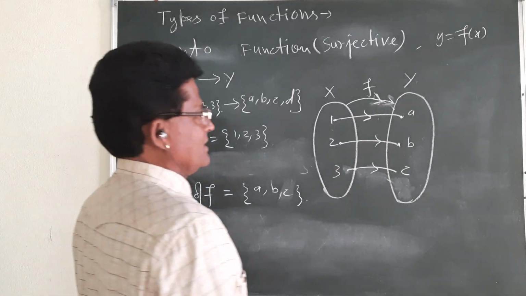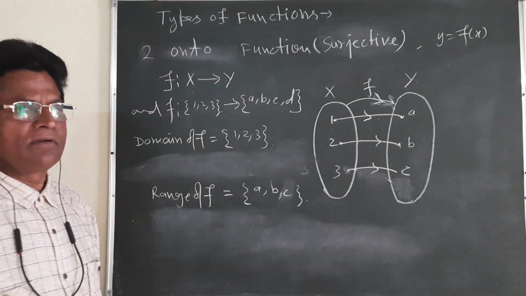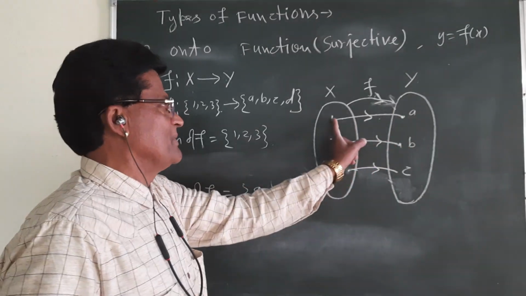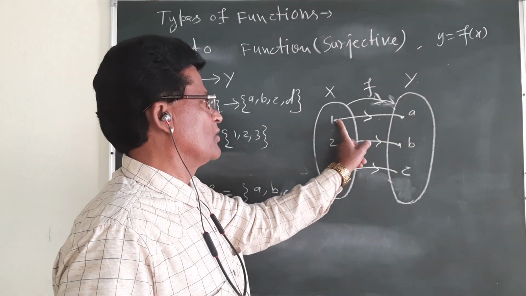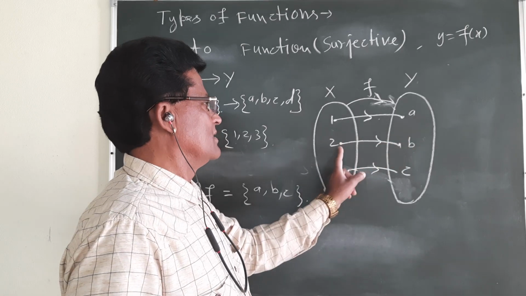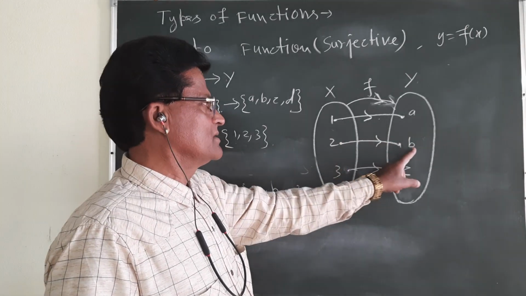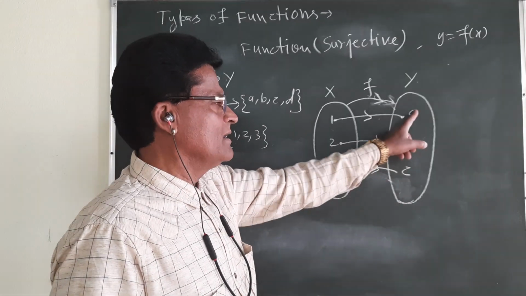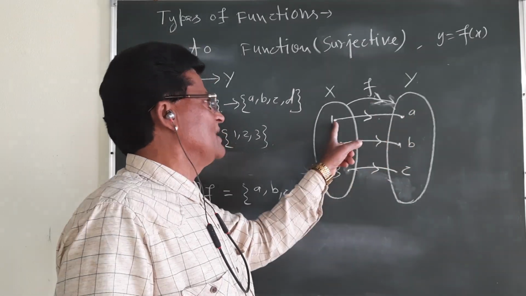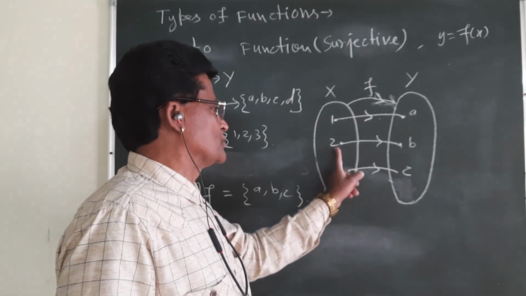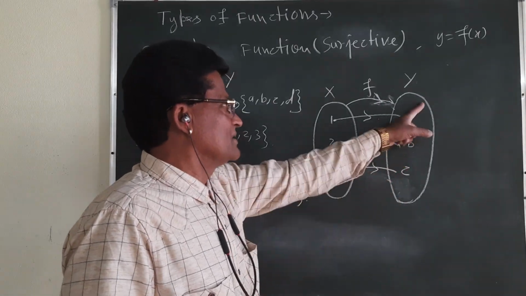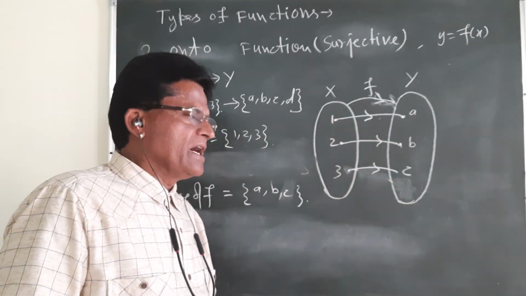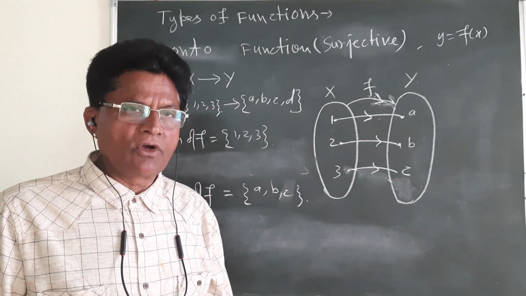Element 1 of X has the image with A, element 2 has the image with B, 3 has the image with C, and A has the image with 1, B has the image with 2, C has the image with 3. There is no element left in Y which does not form the image with an element of X.